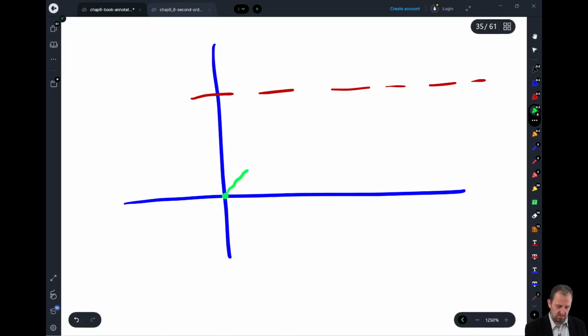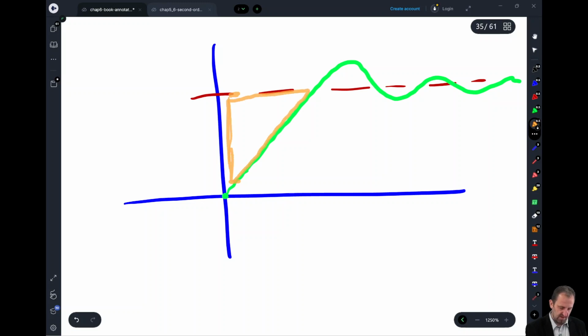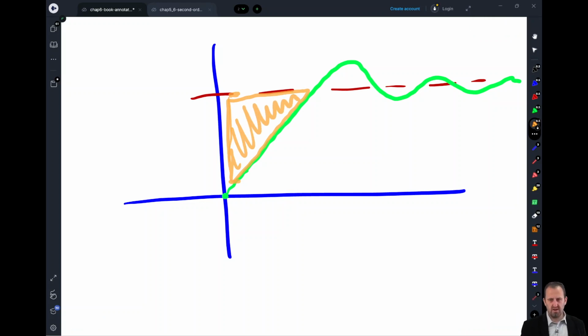So here's the response of our system, and we're going to end up overshooting. In the interval all the way from here, our integral term is going to be adding all this up. It's calculating the area between our actual and desired, summing up that error, and this actually causes some of that overshoot.